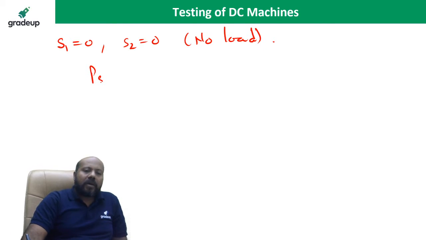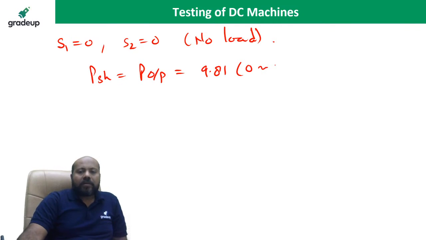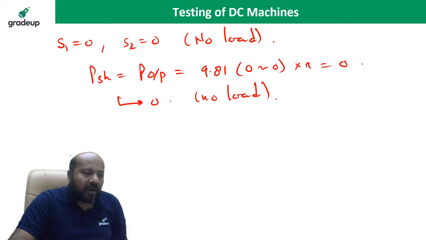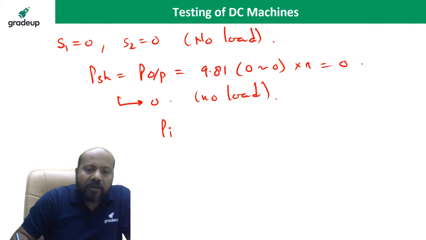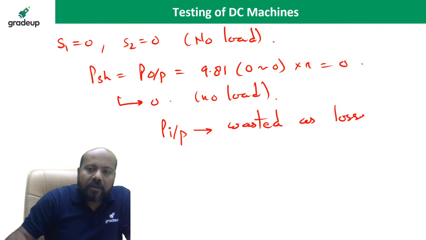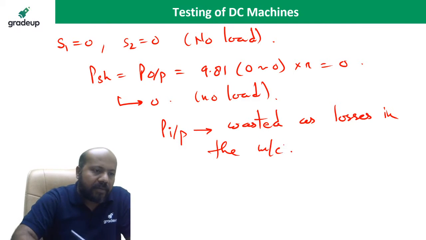So the shaft power or output power is going to be 9.81 times (S1 minus S2) multiplied by R, so it is going to be 0. It means shaft output power is going to be 0 because it is simply no load. So whatever power you draw from the input, the total input power is going to be wasted as losses in the machine.